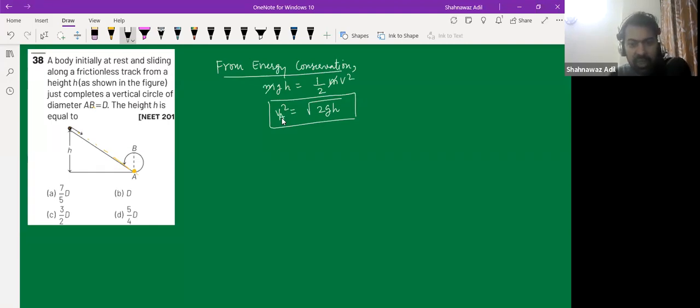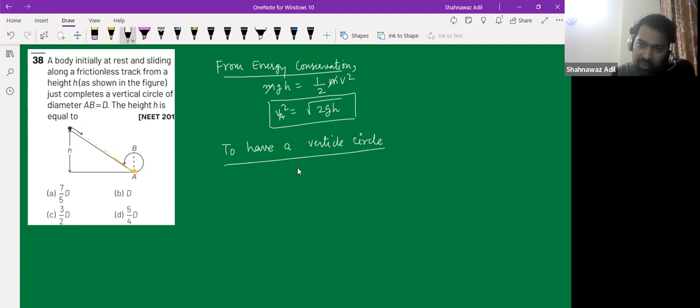And to complete the vertical circle, as Rishita has told us, VA should be root 5gr. R is how much?